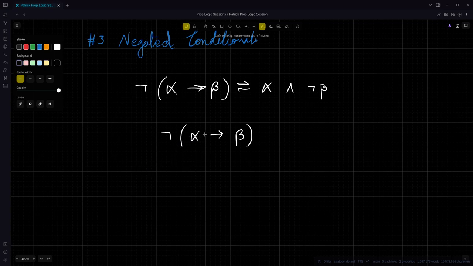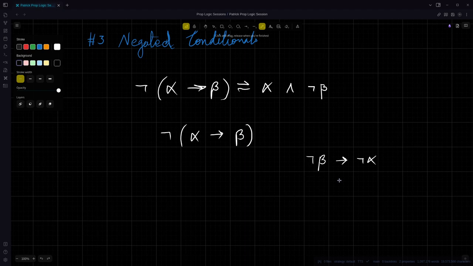Because this is actually the same as not beta implies not alpha. Yeah, the contrapositive. Exactly. But if you multiply this, what do you get?